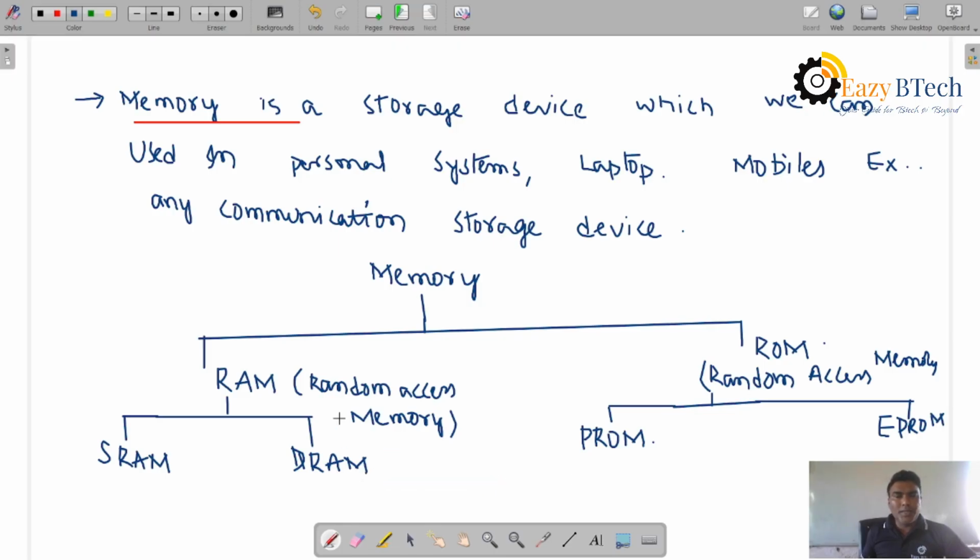Okay, so let us see this one. In the classification, we will study what is SRAM, what is DRAM, what is ROM, PROM and EEPROM. So today we will discuss what is a DRAM, dynamic random access memory, right? How it will be designed by using MOS transistor?